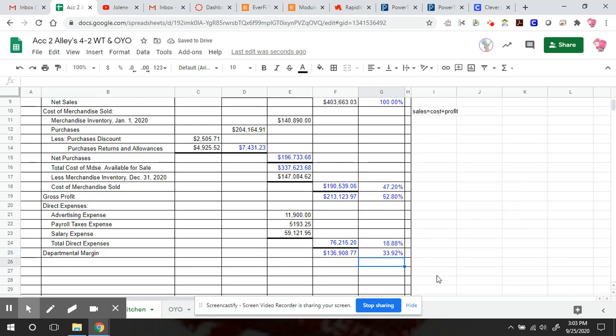So 33.9. So 34% of the sales here are actually going back to the big pot of profit for the whole store. And that's going to pay for the general management, the electricity, the rent, and everything that goes into having a business.